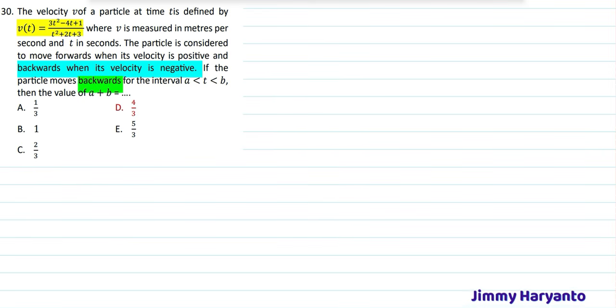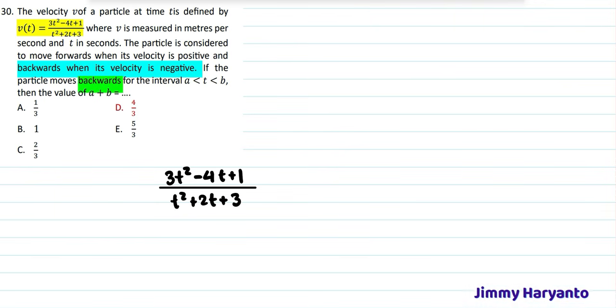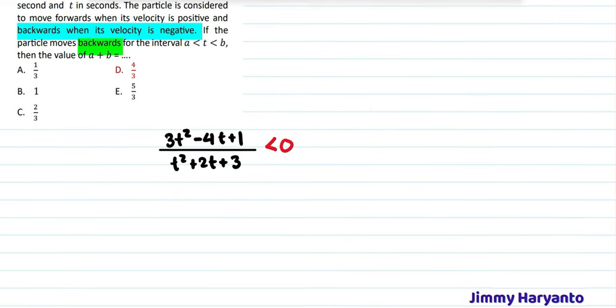Yeah, that means we have to write it like this: (3t squared minus 4t plus 1) over (t squared plus 2t plus 3) has to be less than 0, because it says backwards when the velocity is negative. That means it has to be less than 0, like that, yeah.